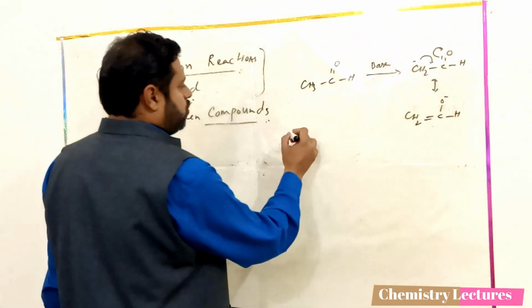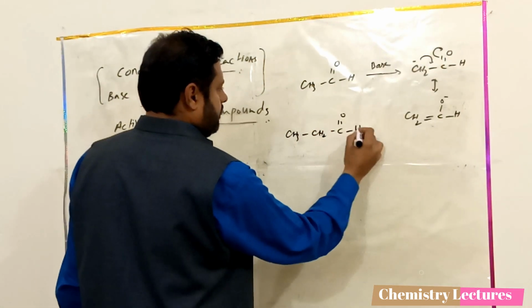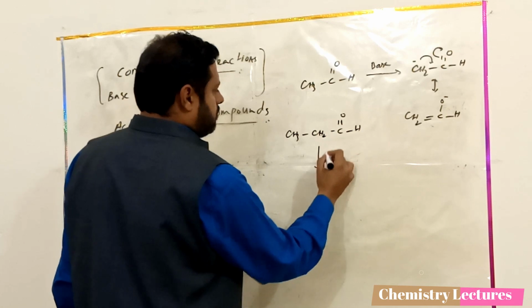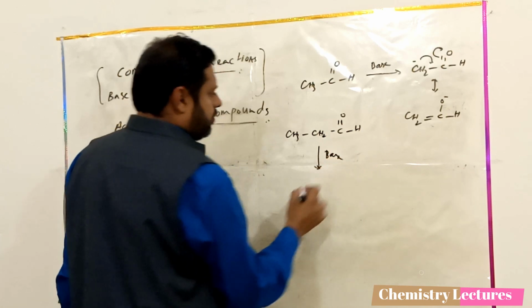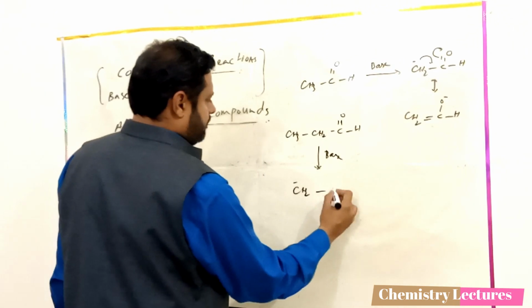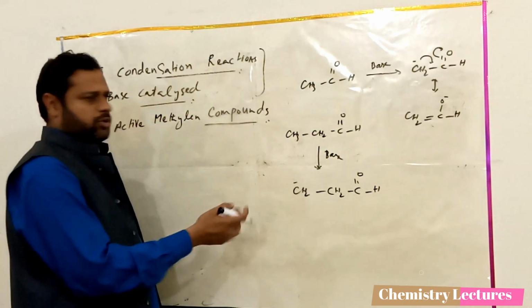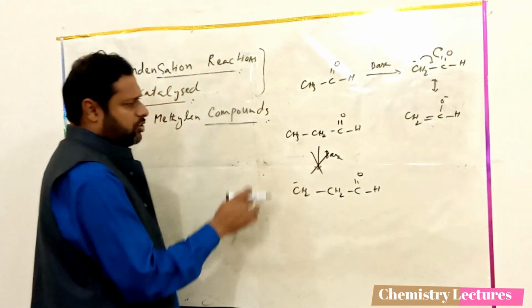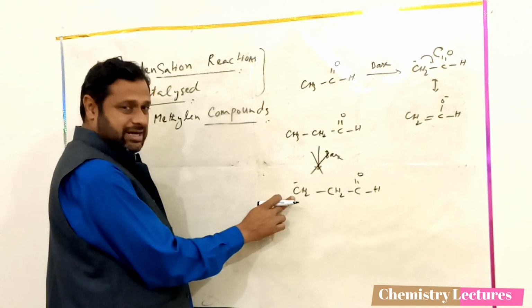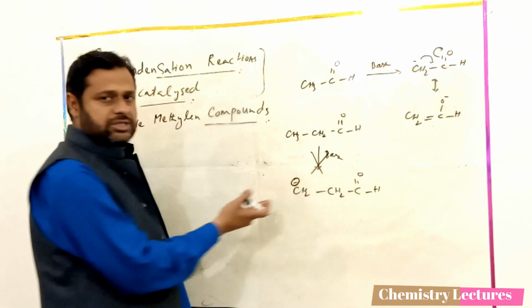For example, if you have another compound and you want to remove a proton by using a base from this carbon, CH2, now this is not possible. Why? Because when you remove a proton from this methylene carbon, this carbanion is produced, and this carbanion is not resonance stabilized.